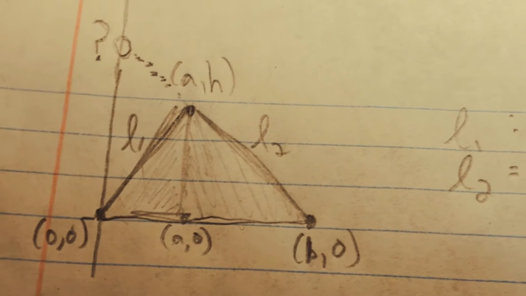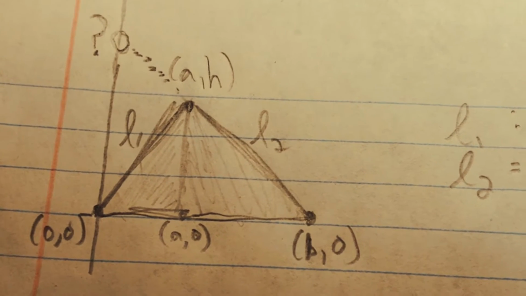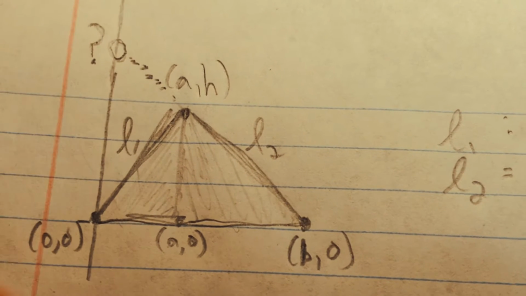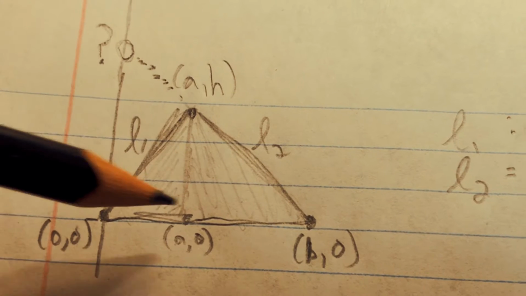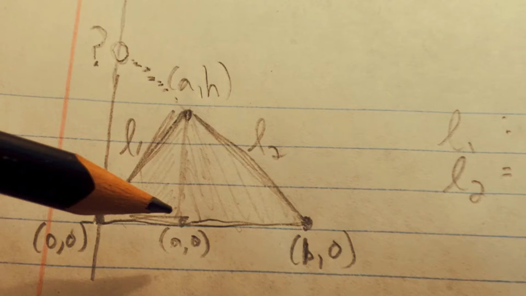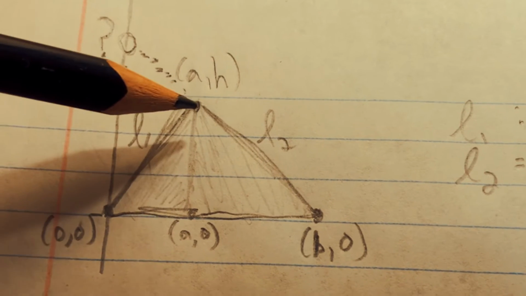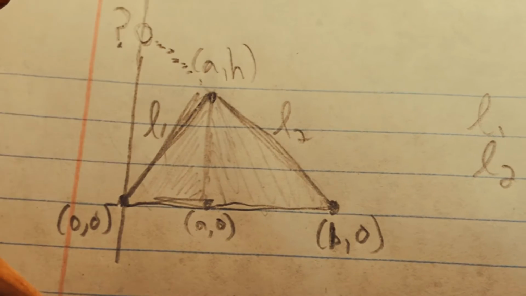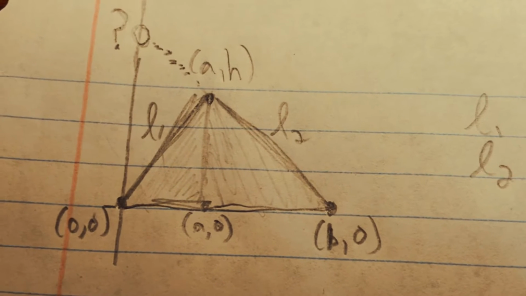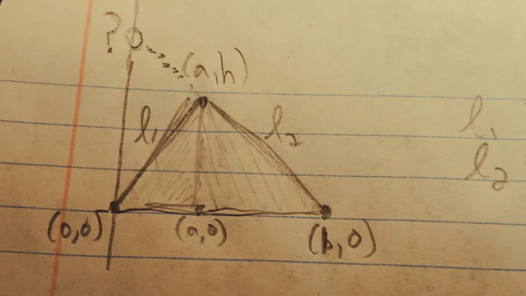We know what the area of this triangle is. It is 1/2 times the length of the base B times the height of the triangle H. 1/2 B times H, or if you prefer, B times H over 2.